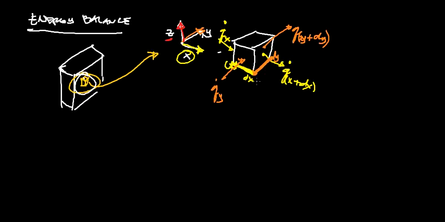Going up here, we have qz, and the heat leaving is qz plus dz. So that is for the heat entering and leaving this system.